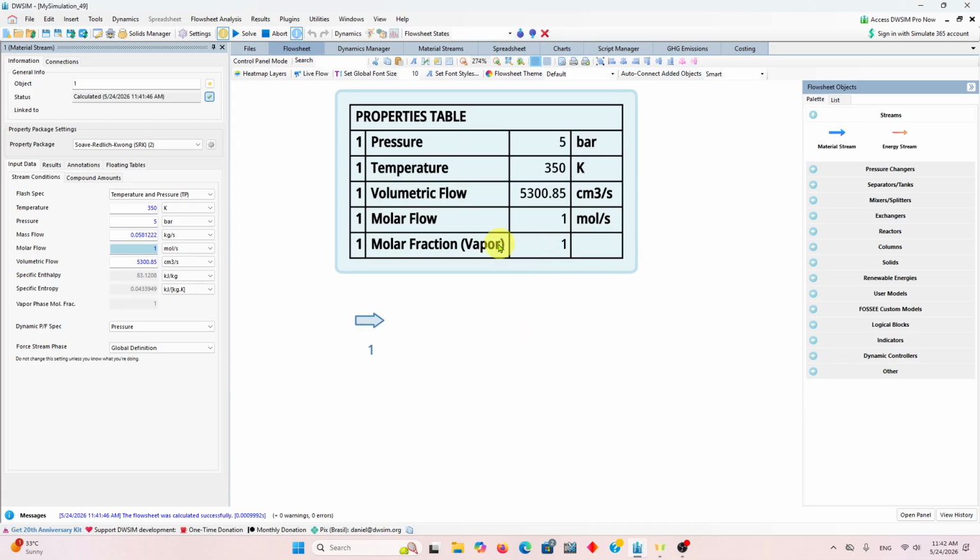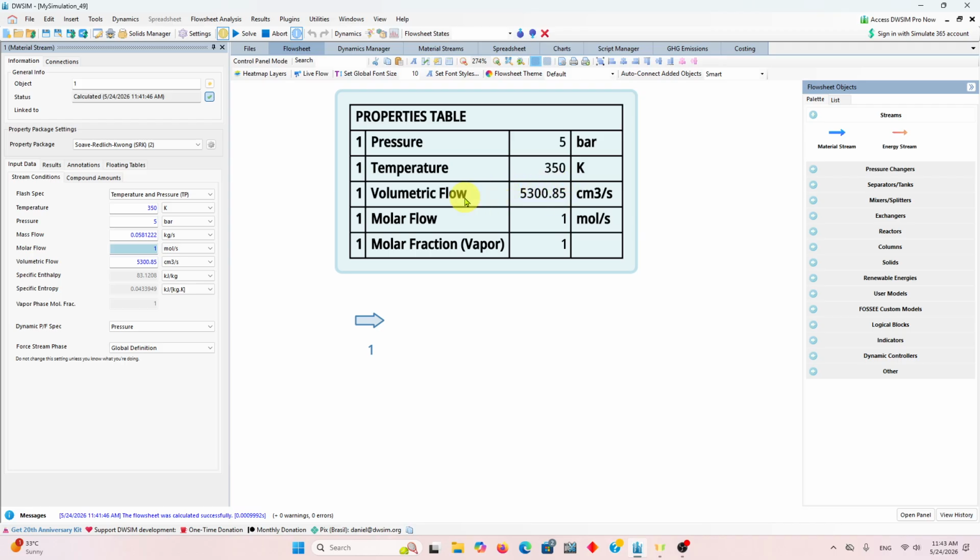Okay, you can see that at these conditions, whatever material is there in this material stream is completely vapor. That means whatever molar volume you find will be for the vapor. That means at temperature 350 Kelvin and pressure equal to 5 bar, according to the SRK equation of state, the molar volume of n-butane is 5300.85.